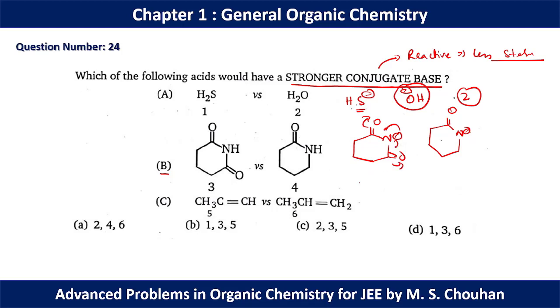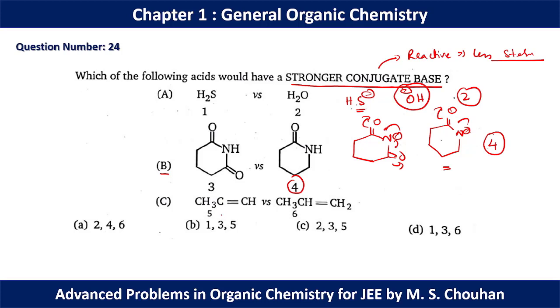That's why this negative charge is stabilized and less reactive compared to this negative charge, because this one is more reactive due to less stabilization of the negative charge, since fewer canonical forms are possible in molecule 4. So the conjugate base of molecule 4 is much more reactive. That's why this will become the stronger conjugate base.